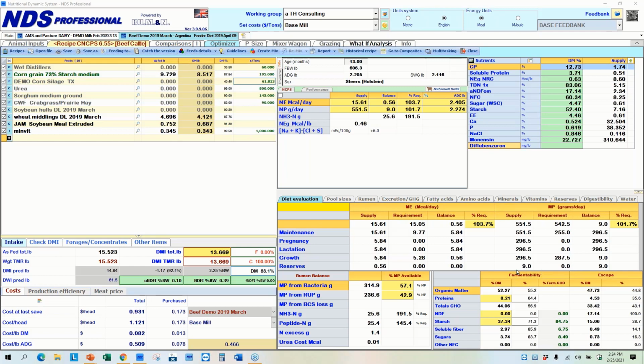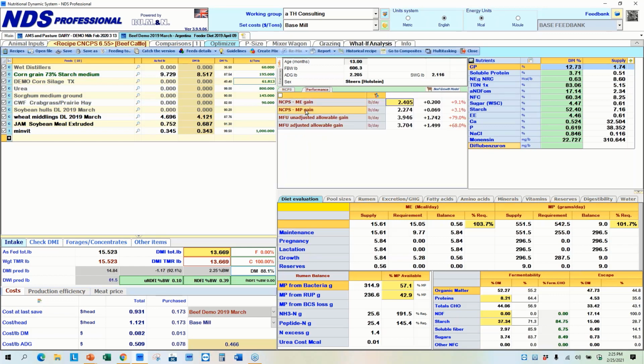There is just one question that said, how do you decipher between the performances of the Cornell and the beef growth model? The performances are still calculating, they're trying to adjust the prediction.